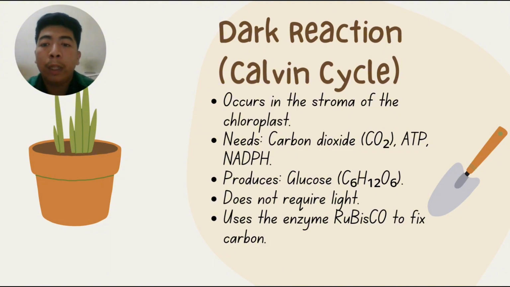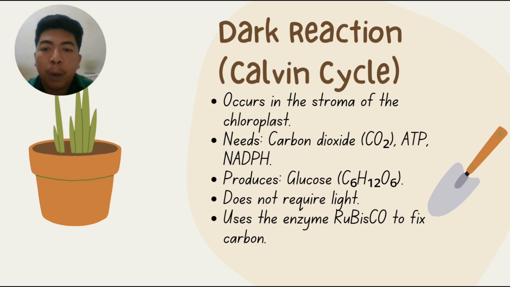Now we look at the dark reaction, also known as the Calvin cycle. It doesn't need light directly, but it relies on the products from the light reaction, ATP and NADPH. This reaction takes place in the stroma of the chloroplast. The main goal here is to use carbon dioxide from the air and combine it with the chemical energy stored in ATP and NADPH to produce glucose, a sugar that the plant uses for energy and storage.